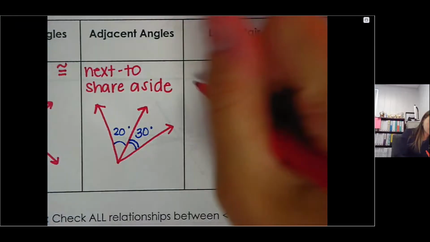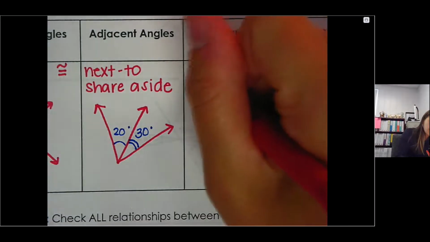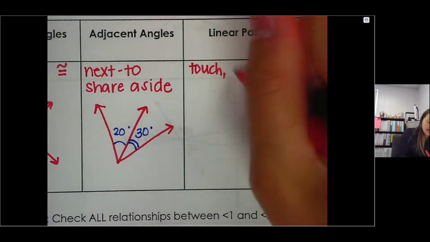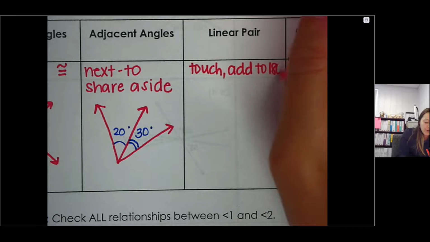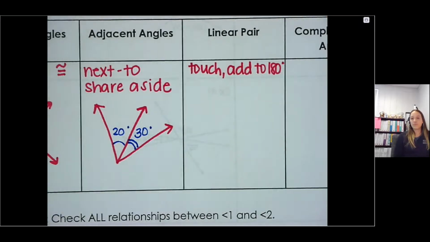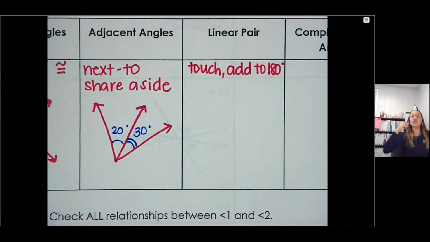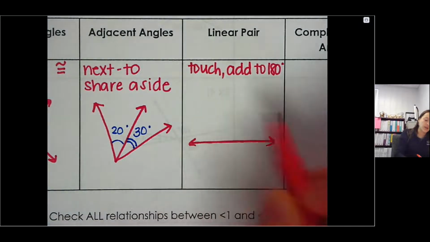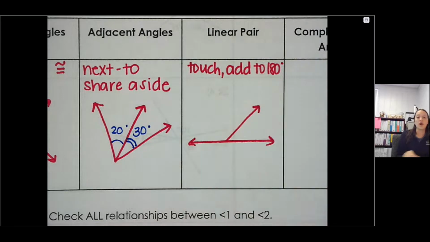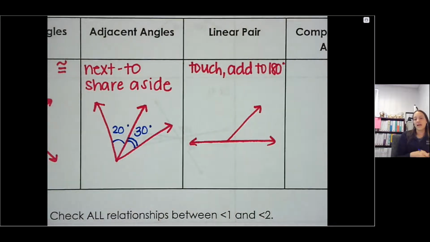Good, exactly. So linear pair, they have to touch, and it adds up to 180 degrees. Beautiful. Okay, so a picture could look something like a straight line. And then you've got essentially two angles that come off of that straight line, and they have to add up to 180.